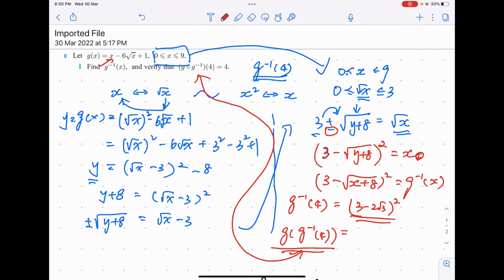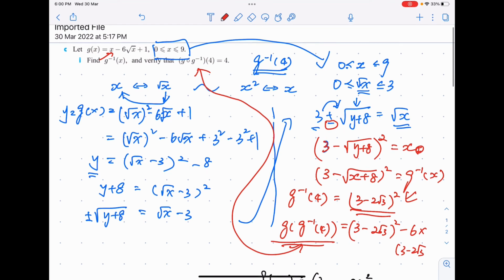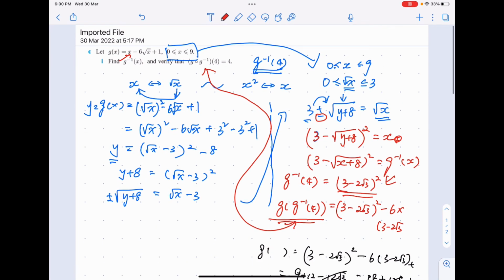And then it naturally becomes 3 minus 2 root 3, squared, minus 6 times square root of x, which is nice because here this is our x now. So the square root of this is 6 times 3 minus 2 root 3, and then plus 1 at the end.